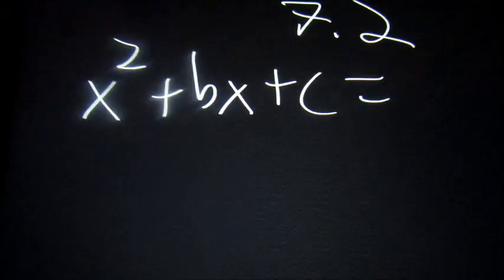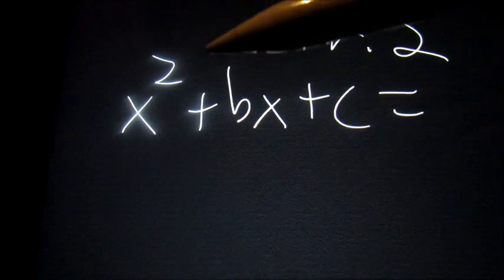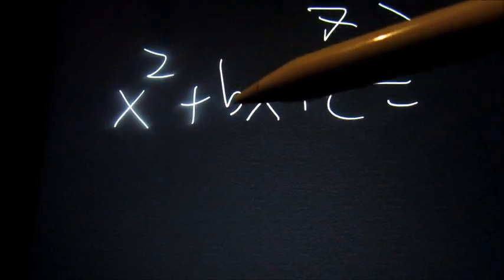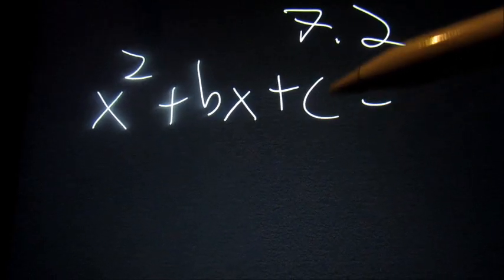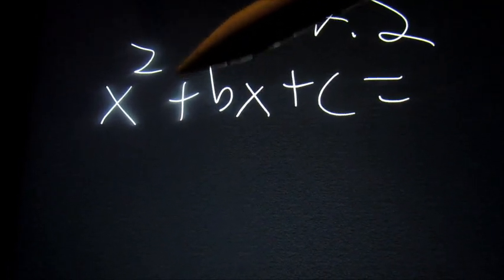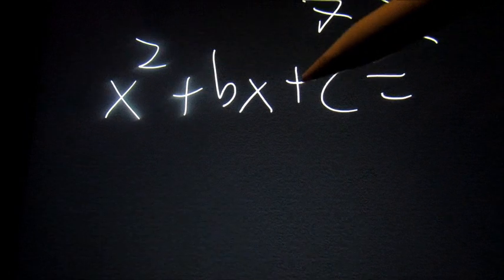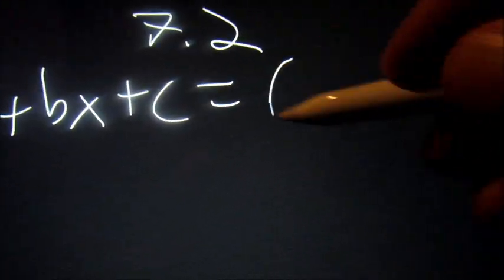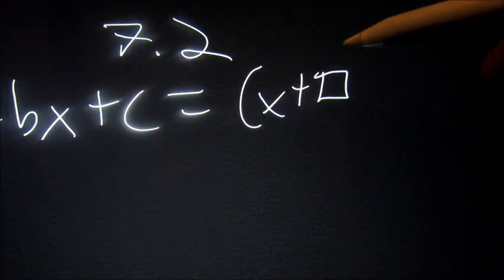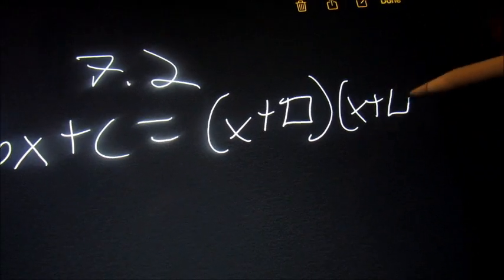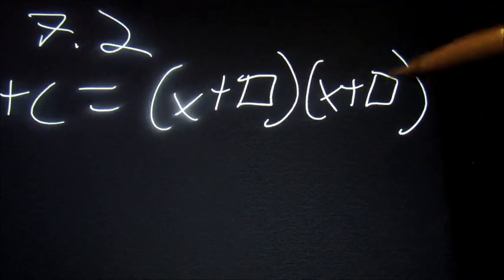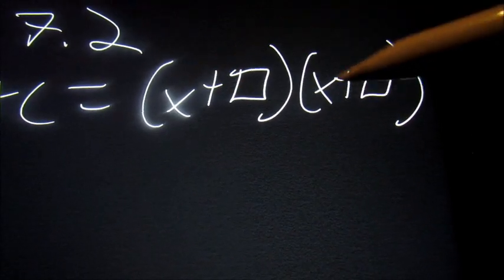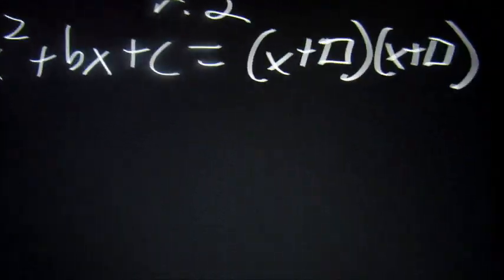But just the general format, if you have x squared plus bx, and b can be any number, and then plus c, and c can be any number. Here, it's important that there's a plus and a plus. So you're going to have x plus something times x plus something. With these two numbers, if you were to do FOIL, you would get whatever is here.